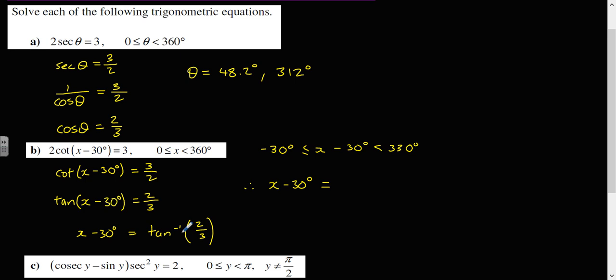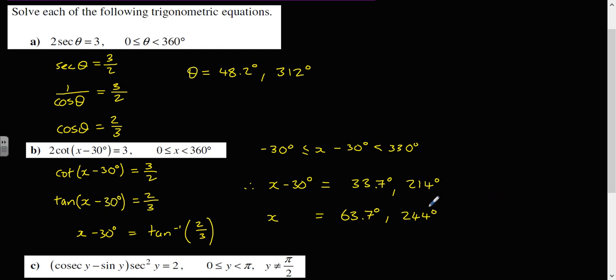So we'll do arctan 2/3, which is 33.7 degrees. And we know that this repeats every 180 degrees, so we'll add 180 to that, and we get 214 degrees, again, both to three significant figures. If we added another 180, then we'd be beyond our limits. So these are the only ones that are in our limits. Equally, if we took 180 away from 33.7, we'd also find the same thing. So our x then just becomes 63.7 degrees and 244 degrees, again, all rounded to three significant figures.